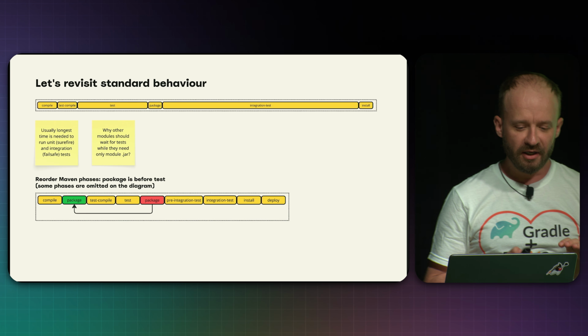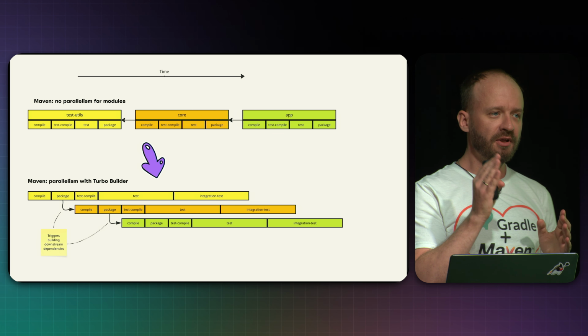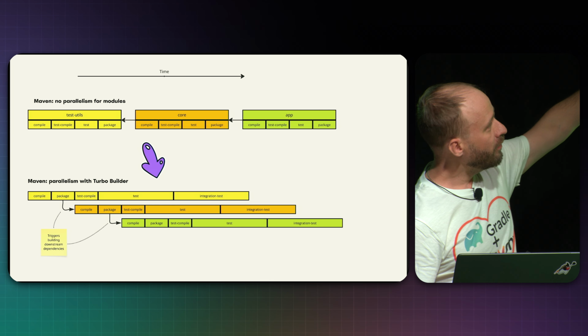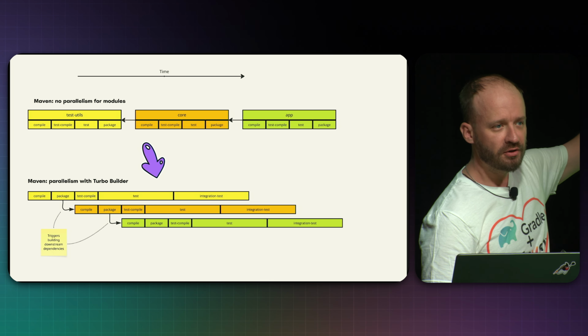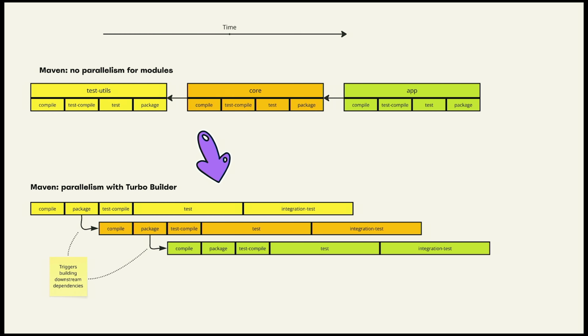I will now explain why we need this weird trick. In combination with the second optimization, instead of waiting for all phases to be executed to run all downstream dependencies, now we can run the downstream dependency build exactly when the package phase is over. So we can also call this an optimistic strategy.